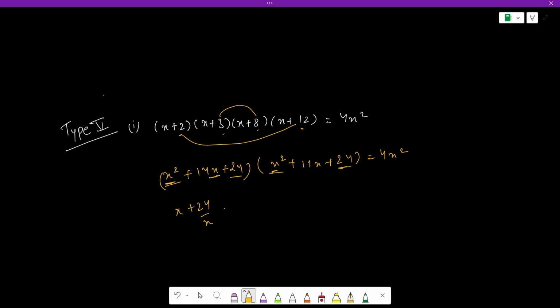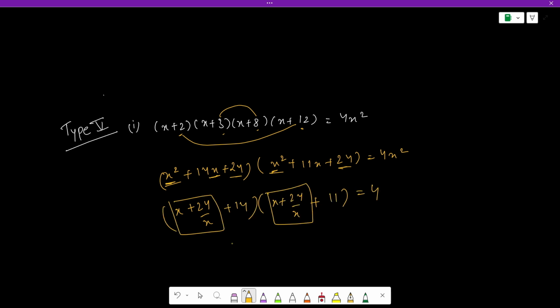Now here this can be taken as t and substituted, then we will get a simple quadratic which can be easily solved. So I hope you understood why we did this, to easily solve this and remove all x squared and these x terms using this common value in both of them.